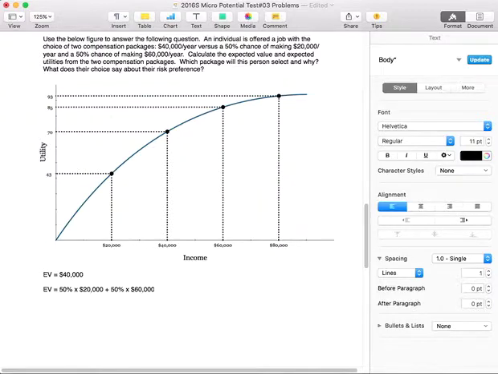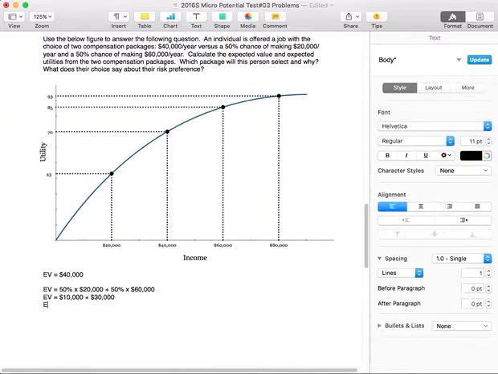So if we multiply 50% times 20,000, that gives us $10,000. And if we add to that 50% times 60,000, we get $30,000.